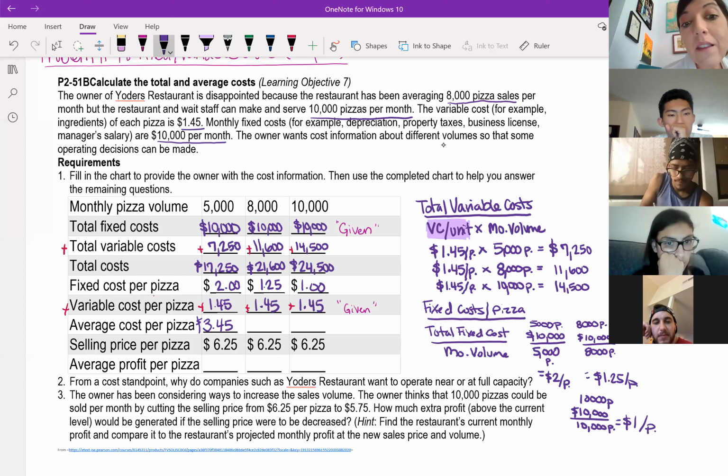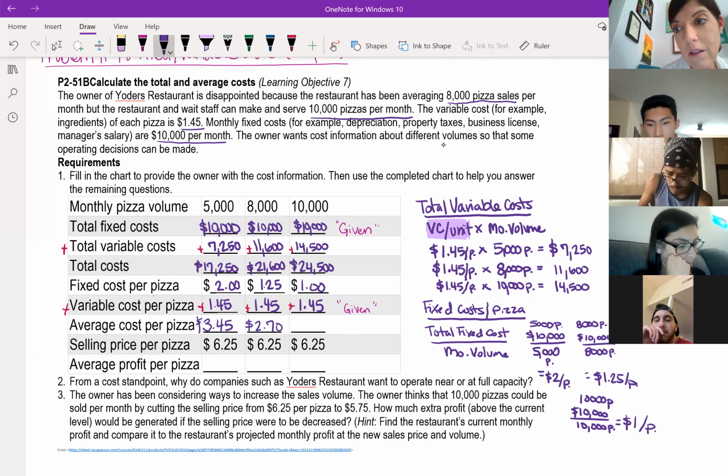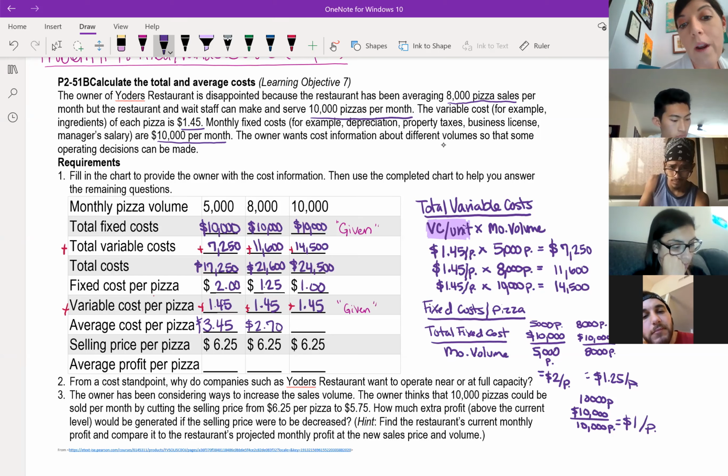When I sell 8,000 pizzas, my average cost decreases to $2.70, because of that inverse relationship that the fixed cost has as volume increased. When I sell 10,000 pizzas, now my average cost is only $2.45 per unit.